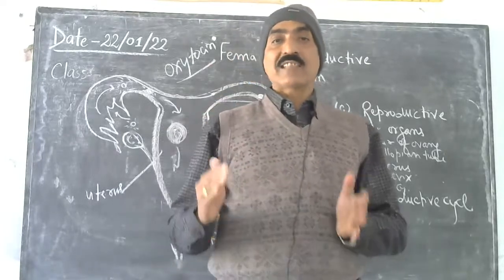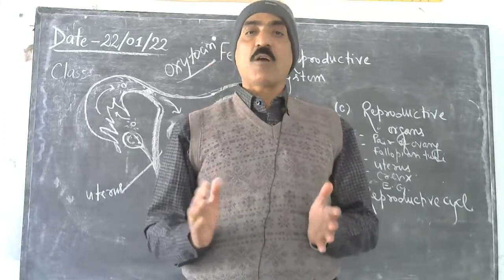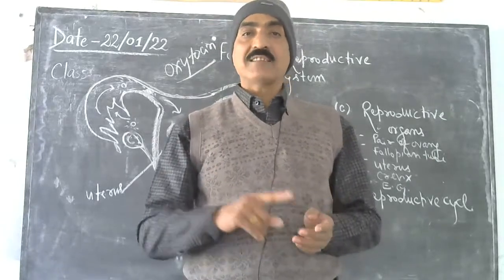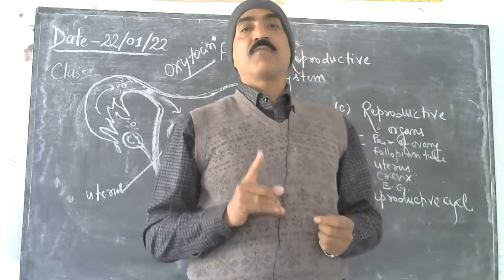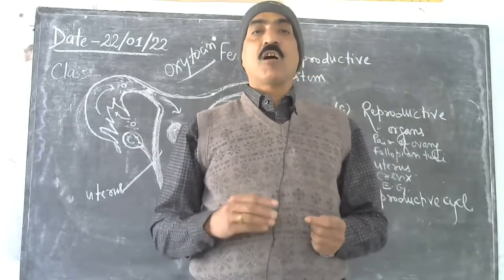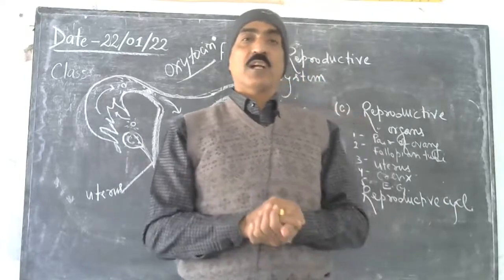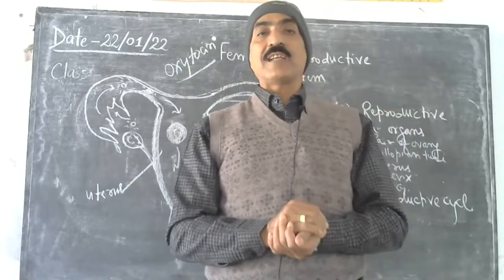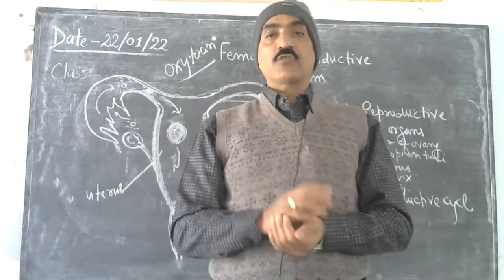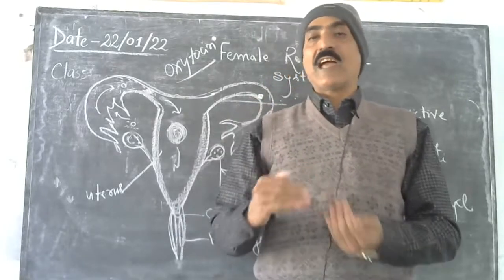For that, a cyclic repetition occurs during the reproductive phase of the female between menarche and menopause, and the first phase is called the menstrual phase. The whole cycle in the female reproductive system is completed in about 28 days. ये 28 days का एक cycle है, and this cycle repeats again and again.